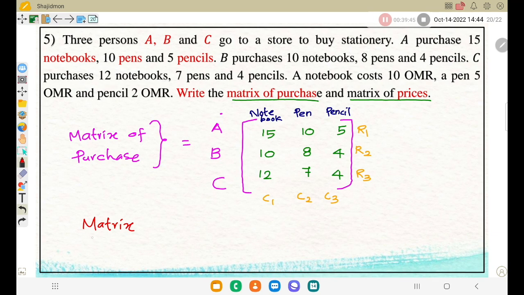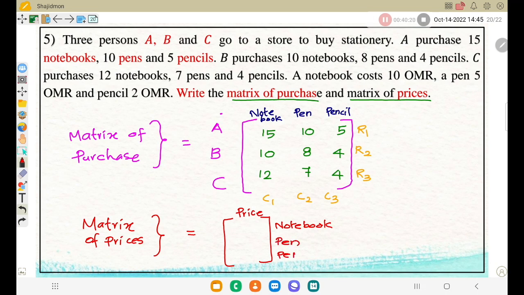Matrix of prices. Now we will go to this one. What is the price matrix? When we write the price matrix, it is a column matrix because we are writing only prices, and the items go row wise. The first item, for example notebook, the second item is pen, and the third item is pencil.